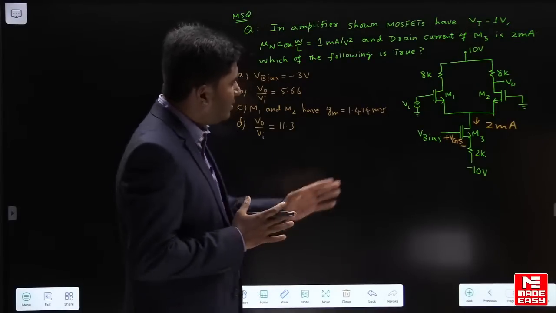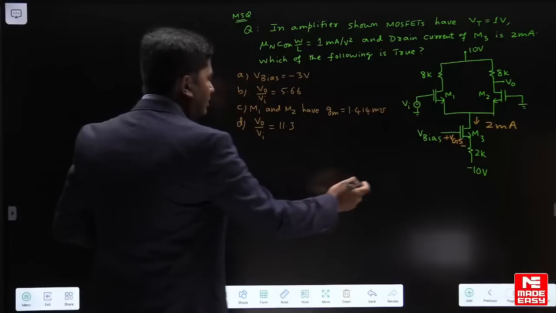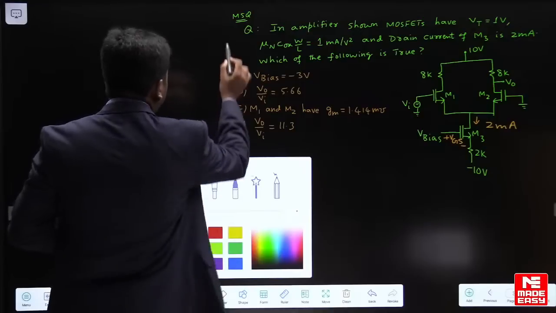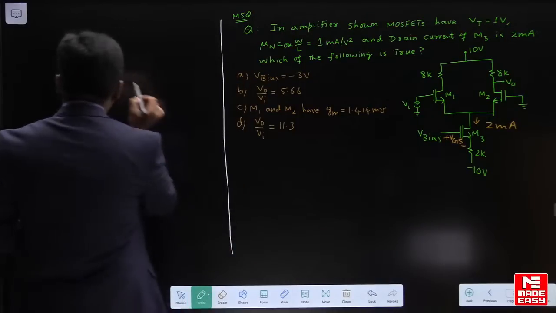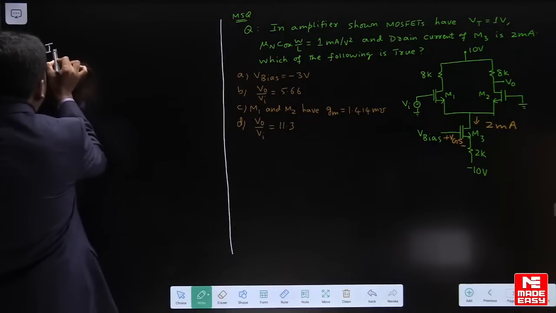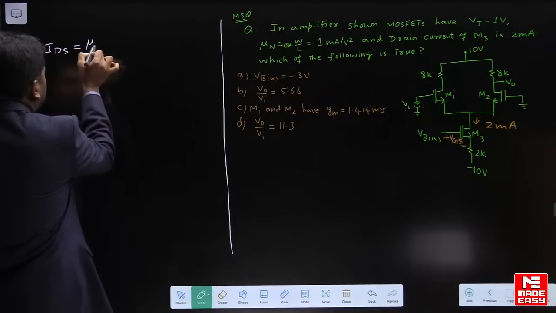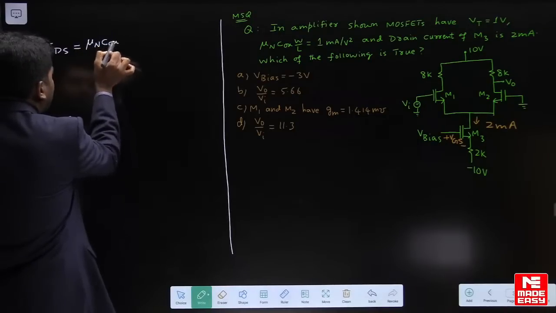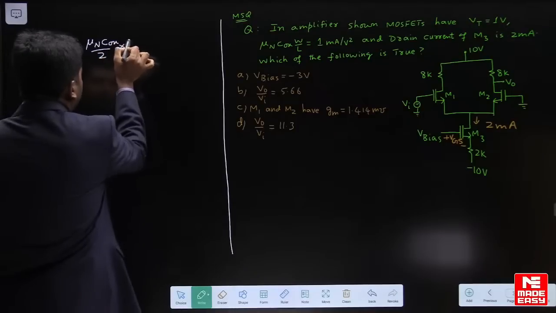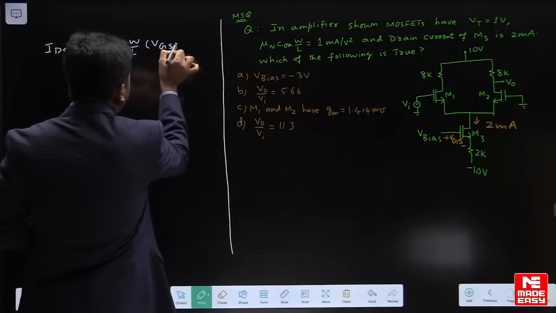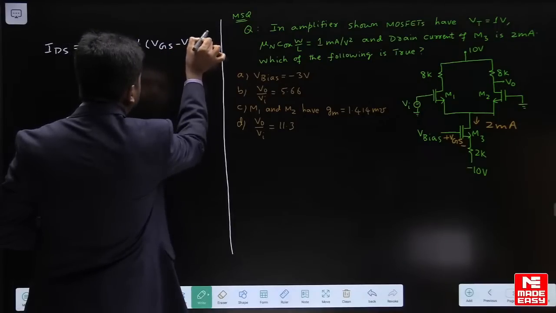So I will be first calculating here the VGS for M3 by using the saturation current equation. We can apply saturation current formula. IDS equal to mu n CoX upon 2 into W by L into VGS minus VT whole square.